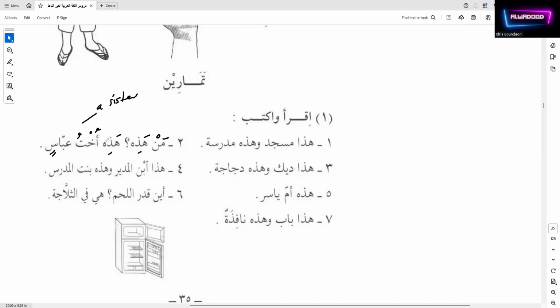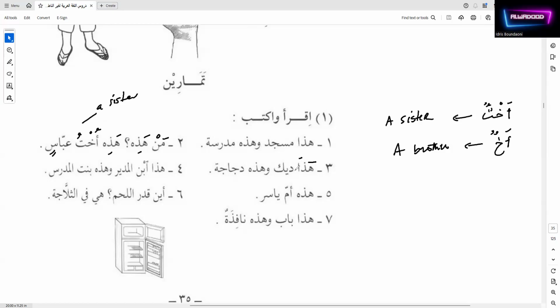This is the sister of Abbas. Now look at hadhihi. Remember, we just discussed this. Ukhtun is your sister. And if not your ukhtun, it's going to be your akhun, a brother.